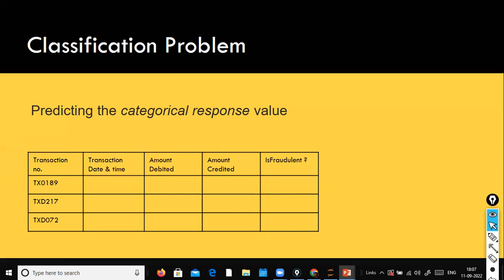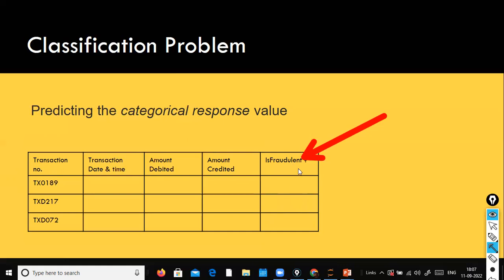So in this case, to predict the categorical outcome variable is fraudulent as either yes or no, the class label needs to be assigned by the model. The model has to predict and assign the class label, either yes or no. So this is called a binary classification problem.